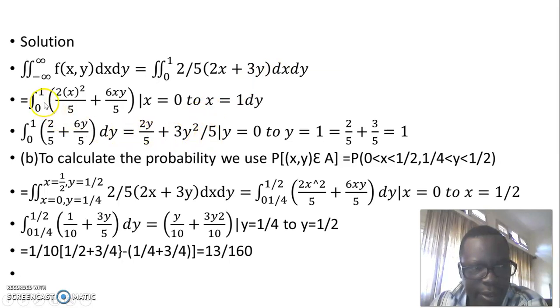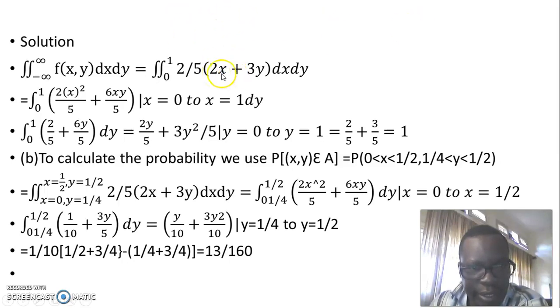So here, if we integrate with respect to x, we get 2 out of 5, x squared divided by what?